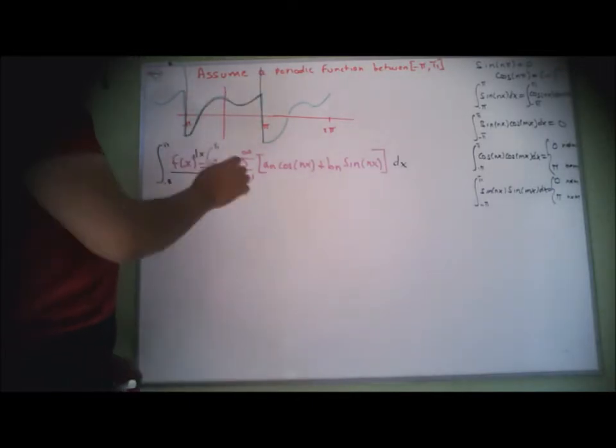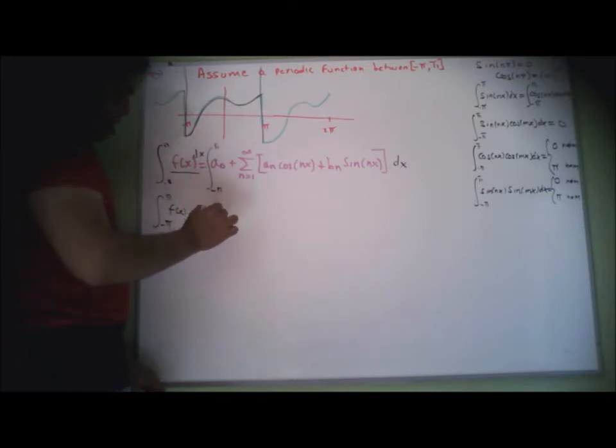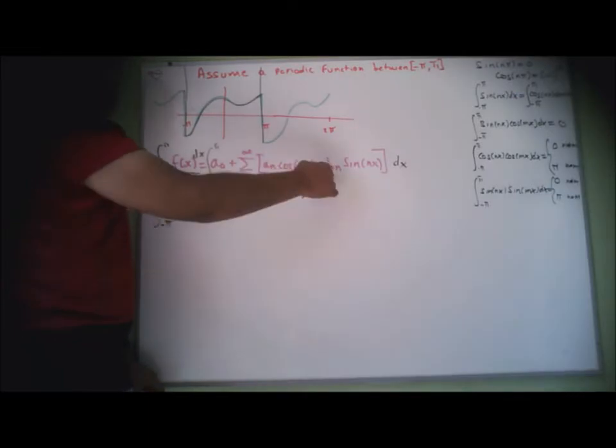Okay, now if we do the integrals, it's going to be the integral from minus pi to pi of f of x dx equal to a0. These coefficients are supposed to be constant.